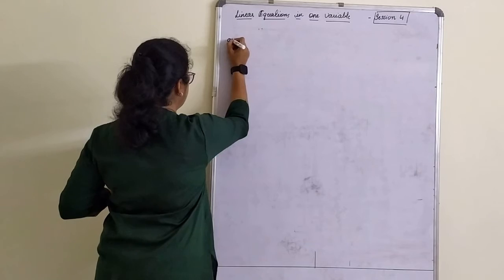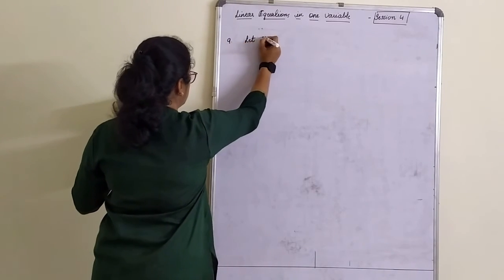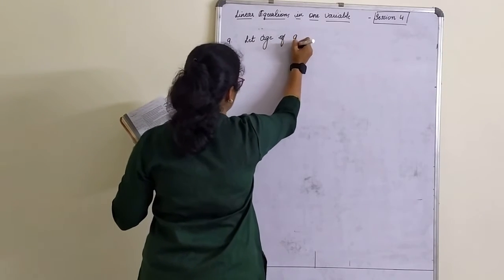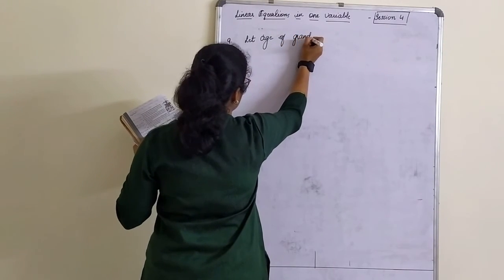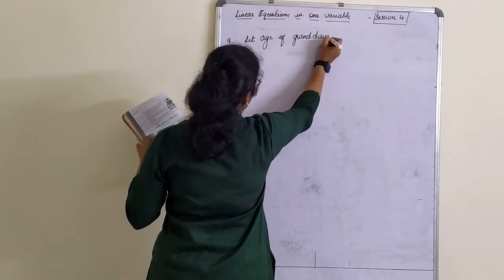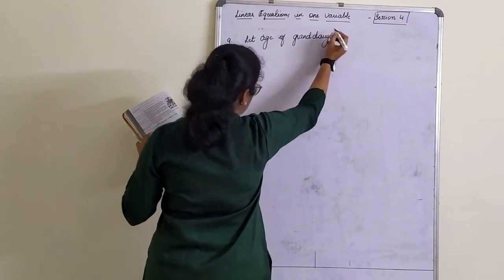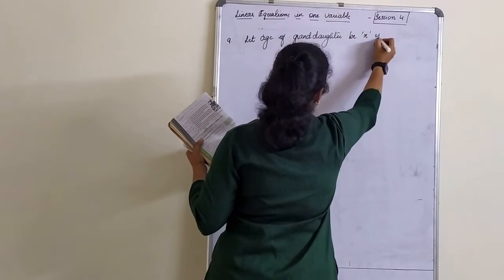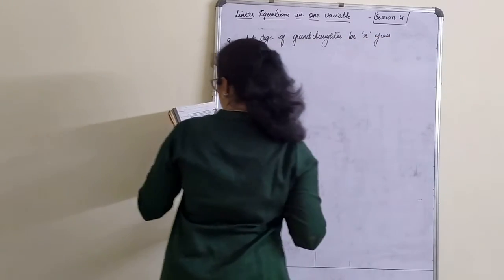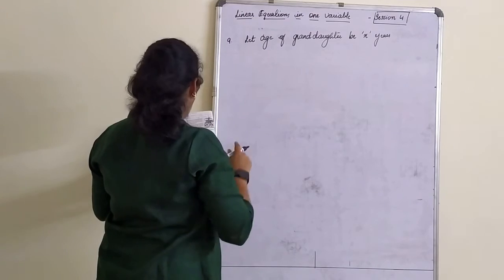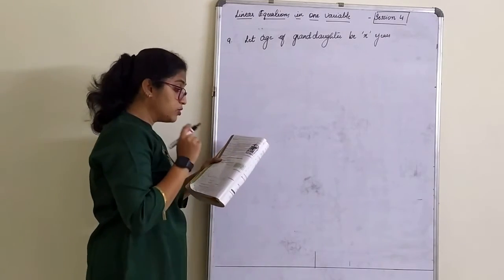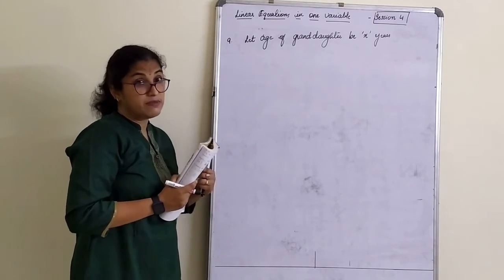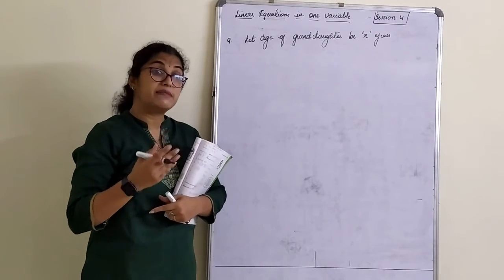Question number 9. Let age of granddaughter be x years. Grandfather is 10 times older than his granddaughter. So 10 times is given, that you have to know. What do you mean by times?